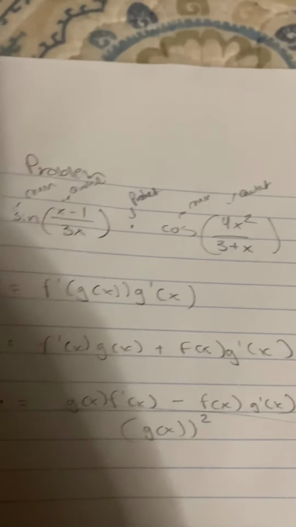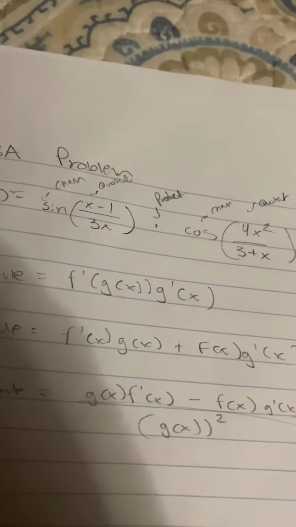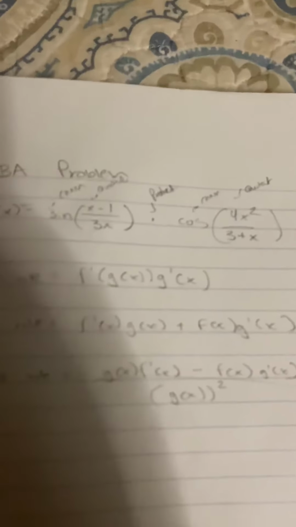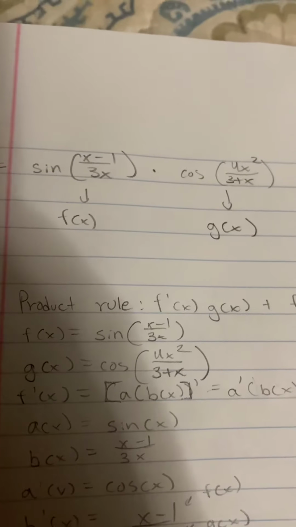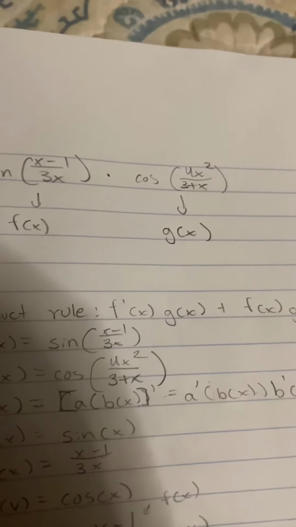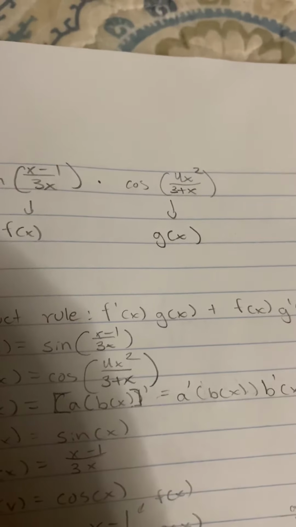Okay, so I decided to do this part of the problem, excluding this as its own thing. So this page is going to be dedicated to that part: sine of (x minus 1) over 3x, times cosine of 4x squared over 3 plus x.